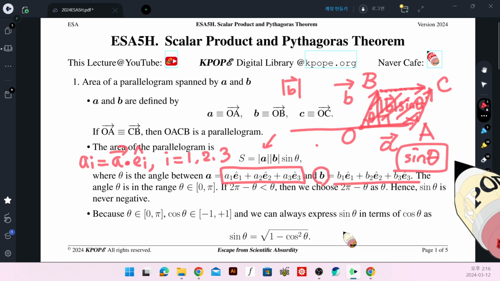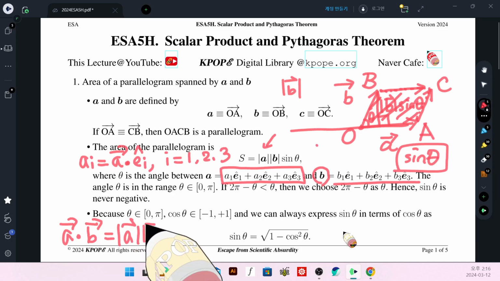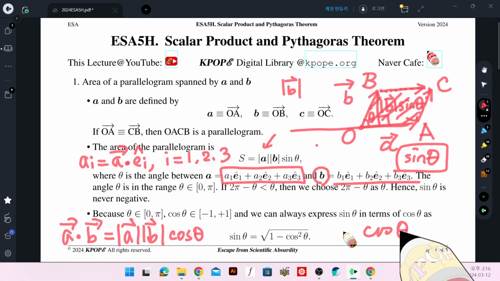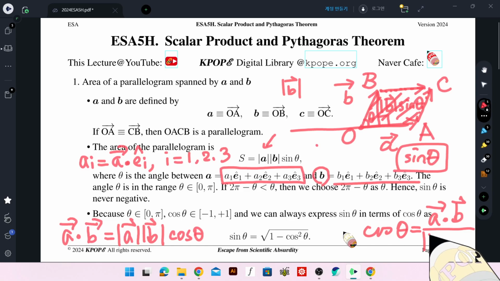We recall that the scalar product of A and B vectors is A times B times cosine theta. From this, I can determine cosine theta as the scalar product of A and B divided by the product of the magnitudes of the two vectors.